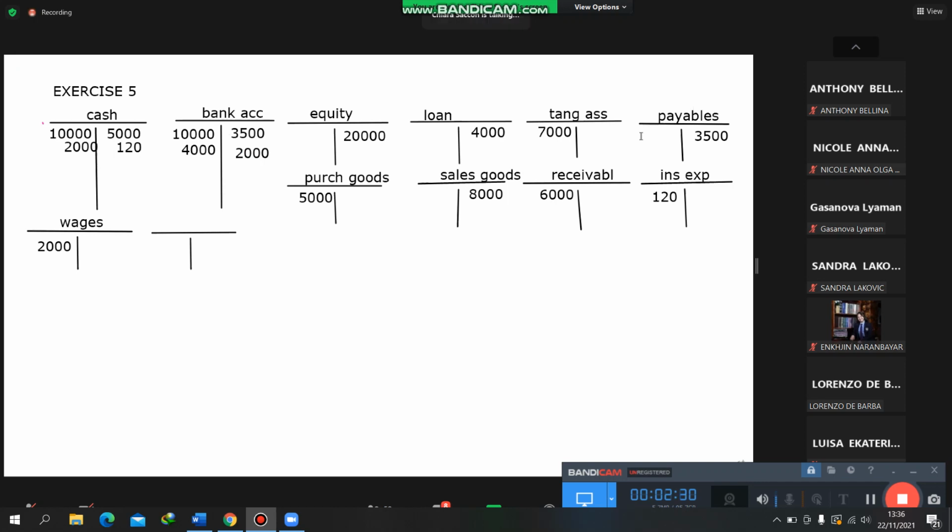So we have no more payables, so the liability payables are decreasing, and really they are disappearing because we pay everything, so the full amount. And we have the bank account that is decreasing for the same number, so 3,500. Okay, less money in the bank and no more debt. They are settled paying.